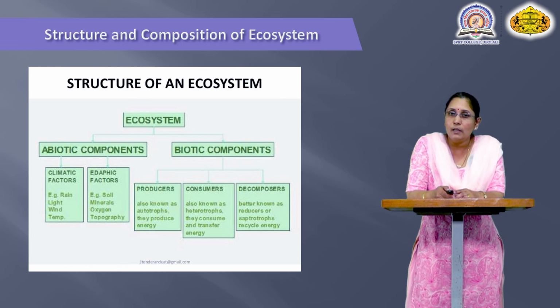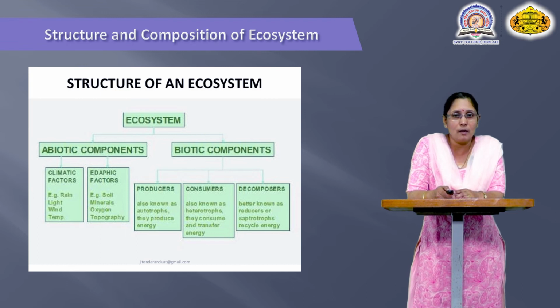So remember, if you are talking about the structure and composition of an ecosystem, then remember that the ecosystem shows these two components, where the abiotic component includes climatic factors and edaphic factors. Climatic factors means whatever we can see or feel surrounding us: wind, temperature, light, rain, etc. These are the climatic factors.